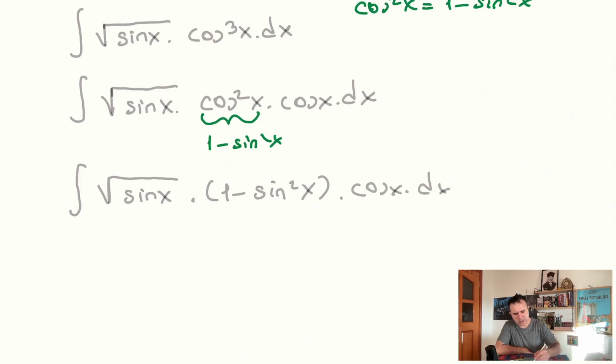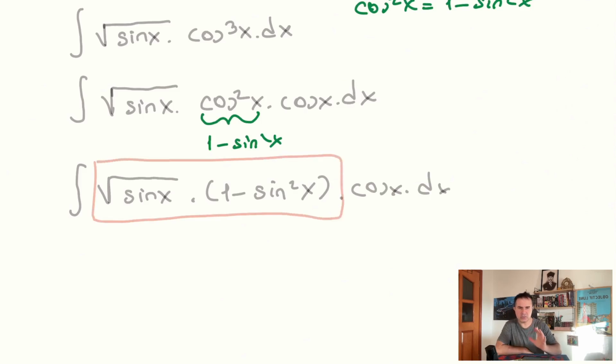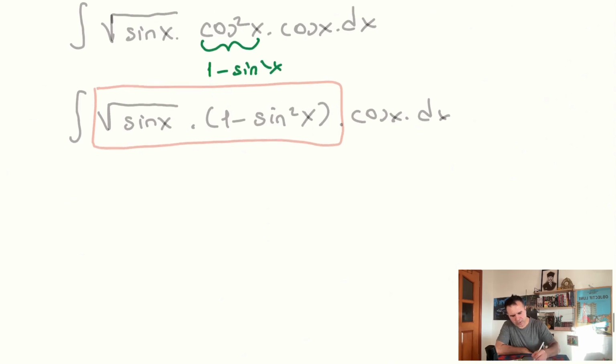Now we have an integral of a function of sine x, and the derivative of sine x is multiplied by dx. Then we can now use substitution here. Let sine x equal u, then cosine x dx will be equal to du.